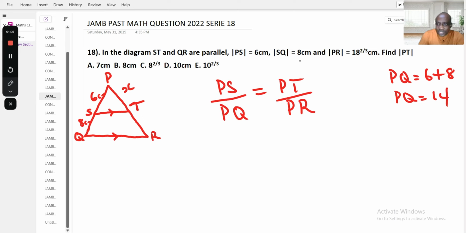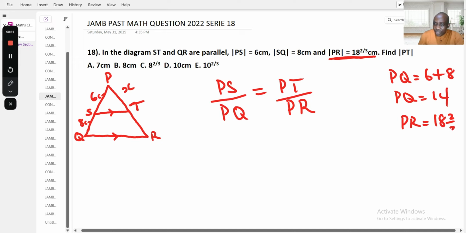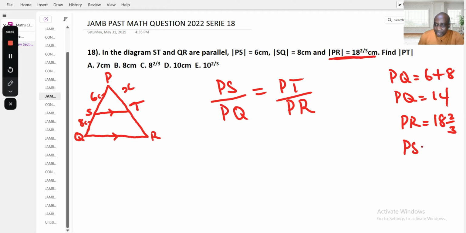Now, what is our PR? The question has given us PR. PR equals 18 and 2 over 3, isn't it? Now, what is our PX? Our PX is 6. What is our PT?